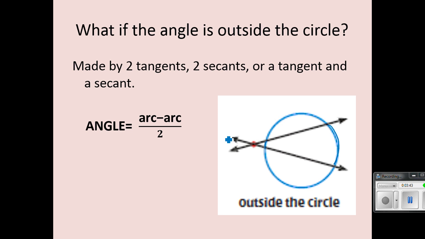That will give you this angle outside the circle. So those are the other two possibilities.